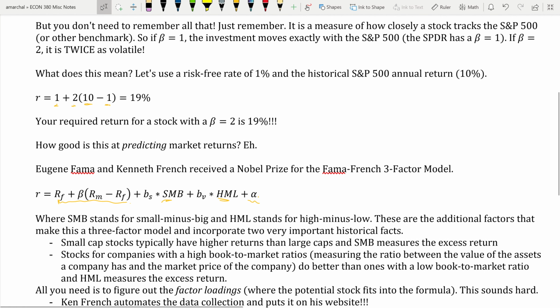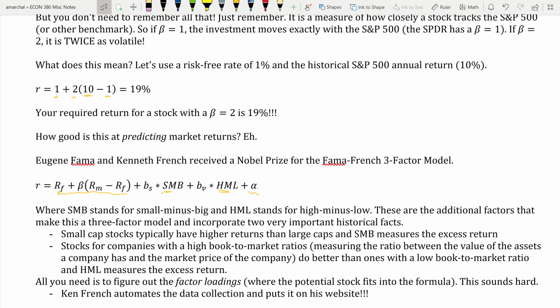These are the two additional factors that make up the three-factor model, and they incorporate two very important historical facts. First, that small cap stocks typically have higher returns than large caps. And so this SMB factor just measures the excess return. This can be numerically calculated by just sorting small stocks and seeing their excess return compared to big stocks. And then all that you need to do to get this SMB term is just look at the cap size of your asset.